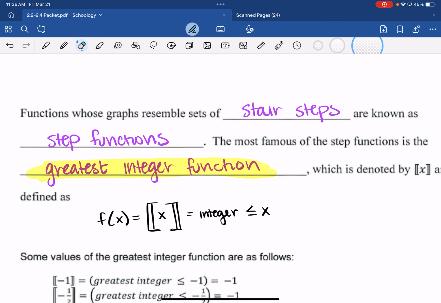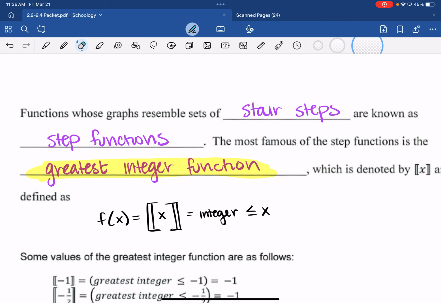You've probably seen the graph before, but now we're actually going to name it. So you might hear me refer to it as the step function, but the official name is greatest integer function. The name will help you actually solve these functions, and my definition is really helpful here. f of x equals, this funky notation, which is not an absolute value.